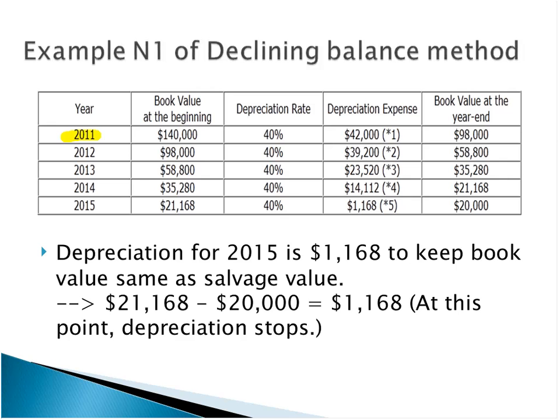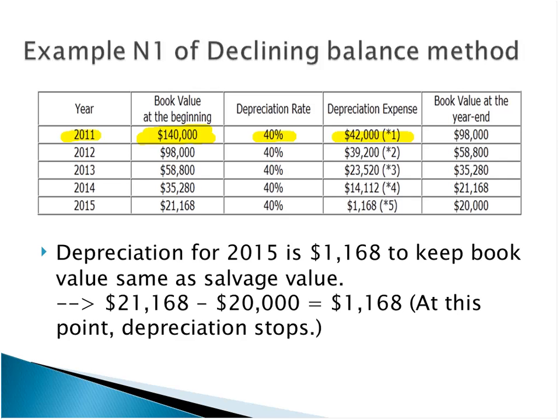We have taken the original cost as the book value at the beginning. It's the same as the original cost because it's only starting to depreciate. Then multiply by the 40%, and divide by 12 and multiply by 9, because we use only 9 months in 2011. We have got 42,000 of depreciation expenses, right?